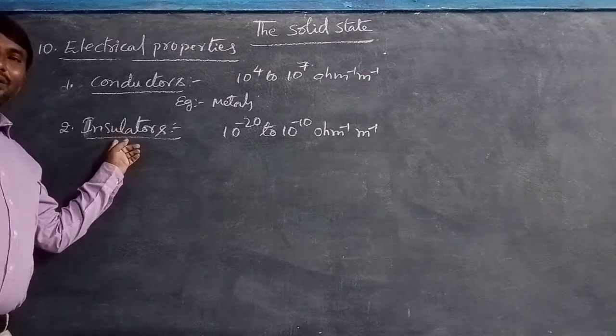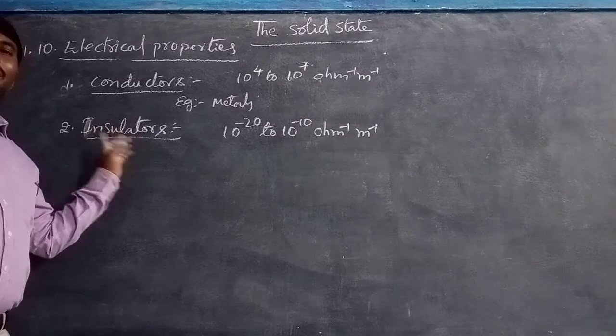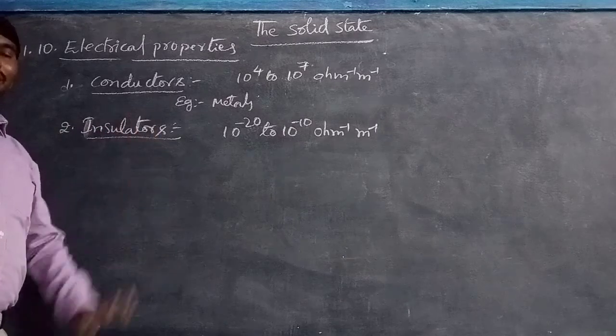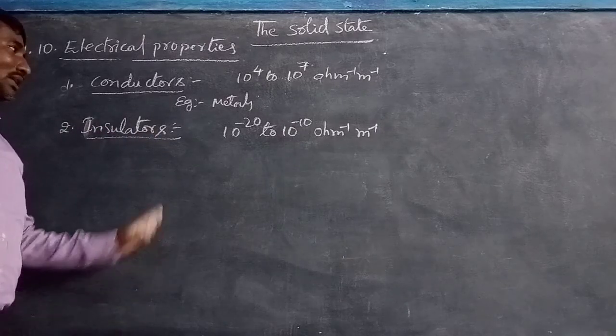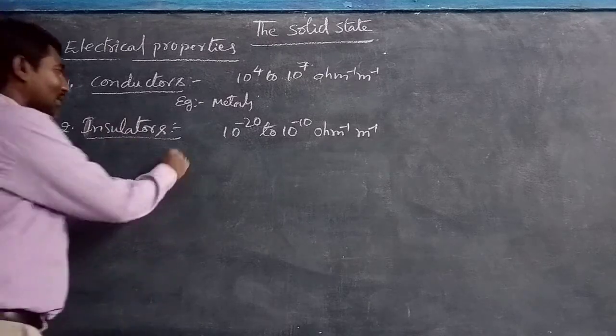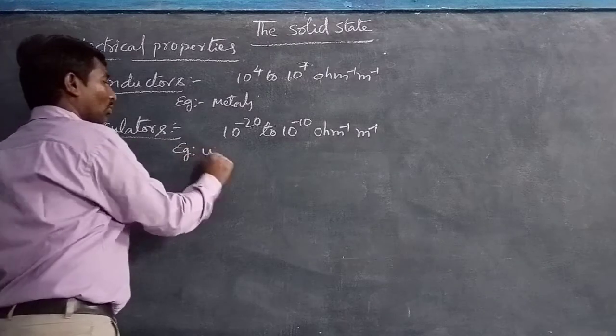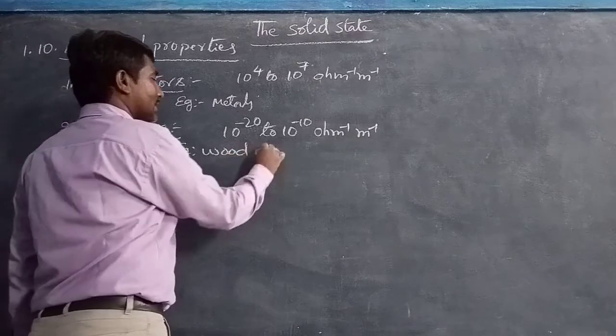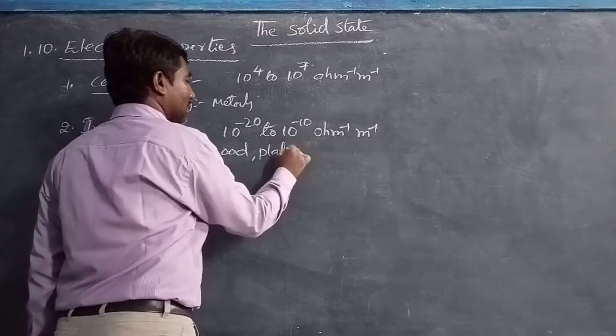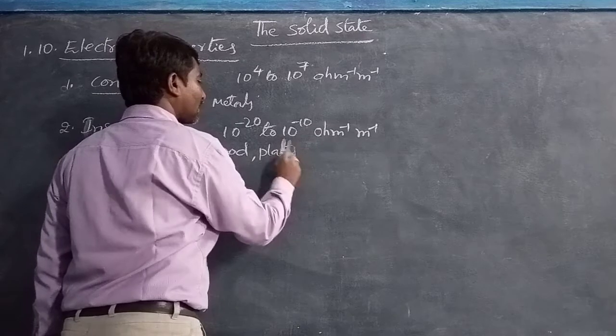Another definition: the substance which cannot conduct electricity is called an insulator. For example, wood, plastic, etc.